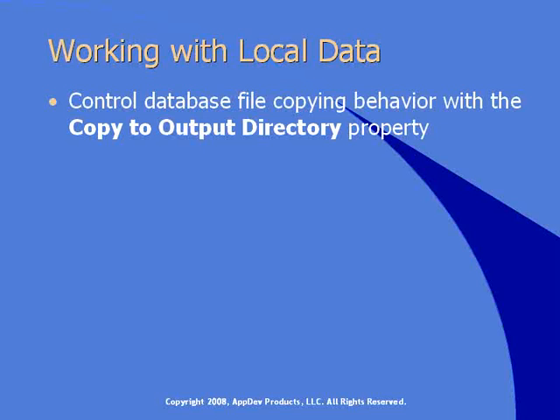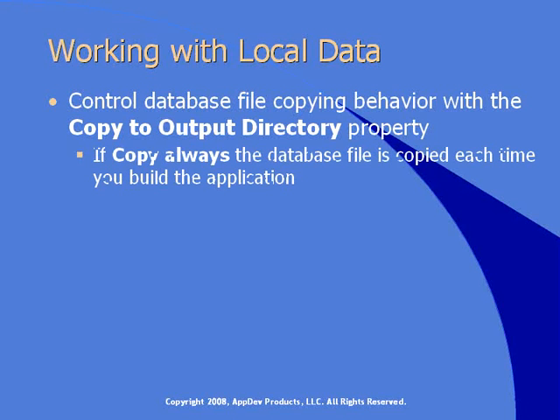One is you can understand it and it's not a problem, and so leave the default. The other thing you can do is control what happens by using the copy to output directory property of that database file. So you'd select the database in the Solution Explorer and then make changes to the copy to output directory property in the Properties window. The default value for this property is copy always, and so the database file will be copied every time you build the application.